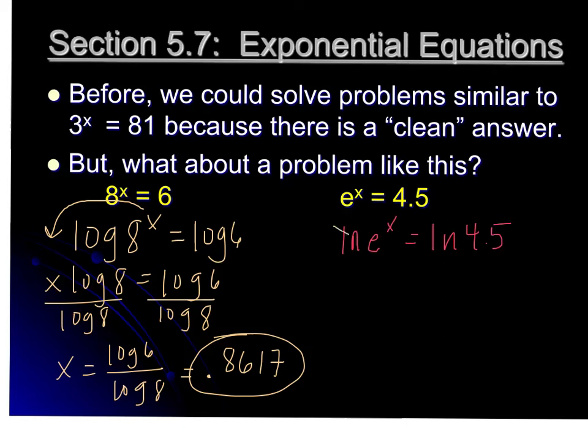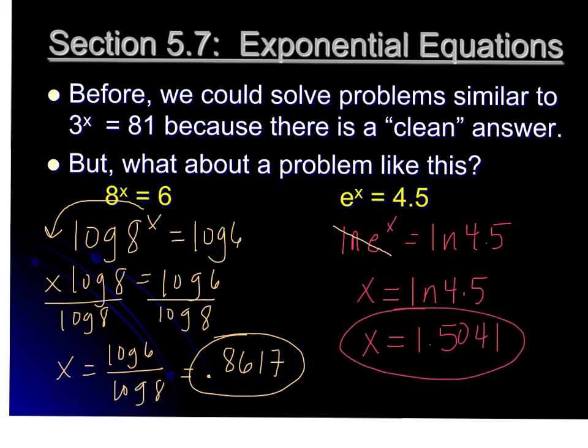So those end up canceling out. On the left side, we're just left with x equals the ln of 4.5. So that'll save you a step. When you plug that into your calculator, you get x equals 1.5041.